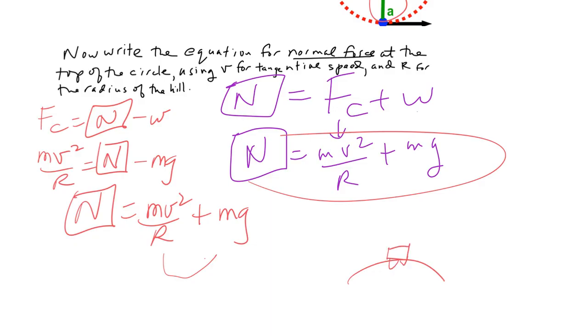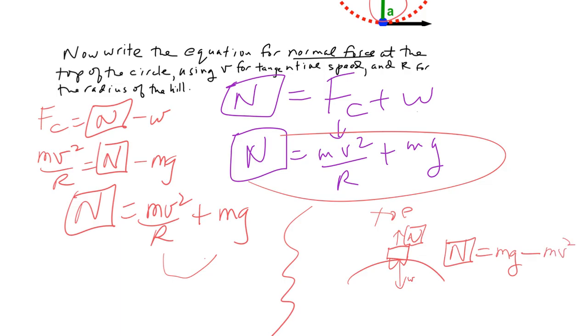We can look back and see that for the top of the circle, which we already talked about, N would equal mg minus the centripetal force.